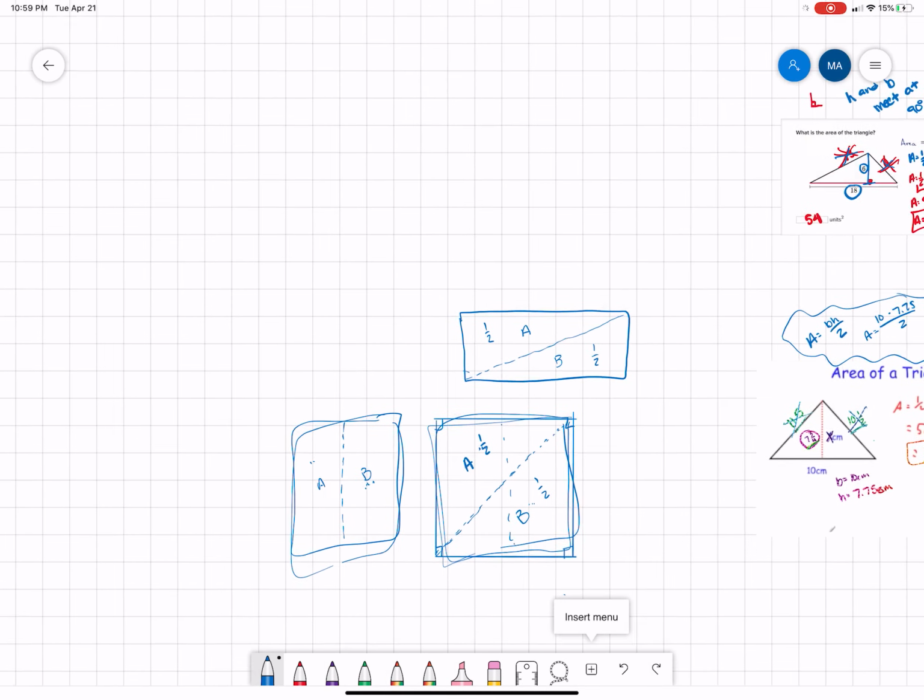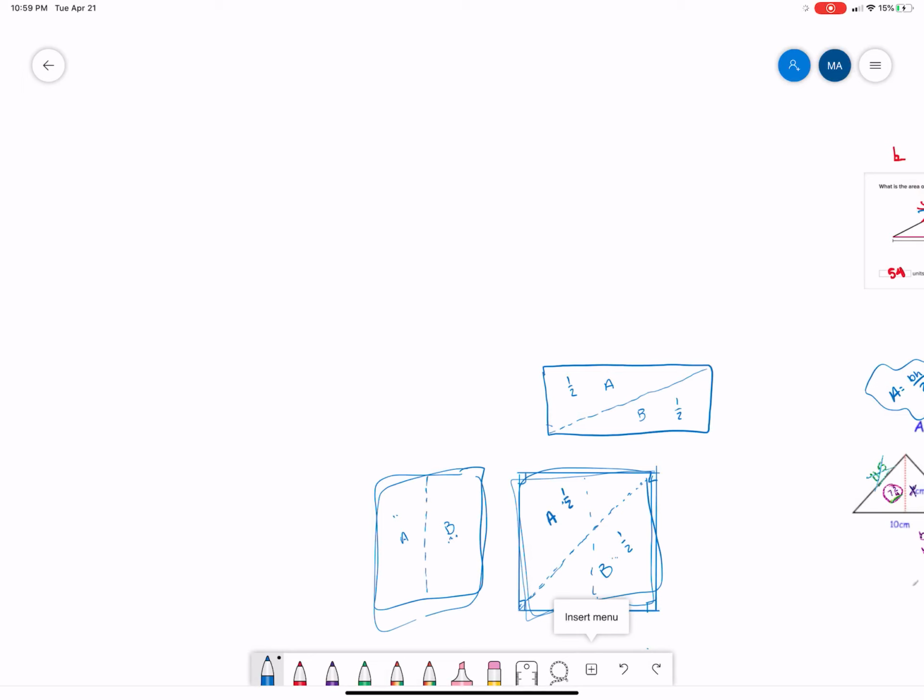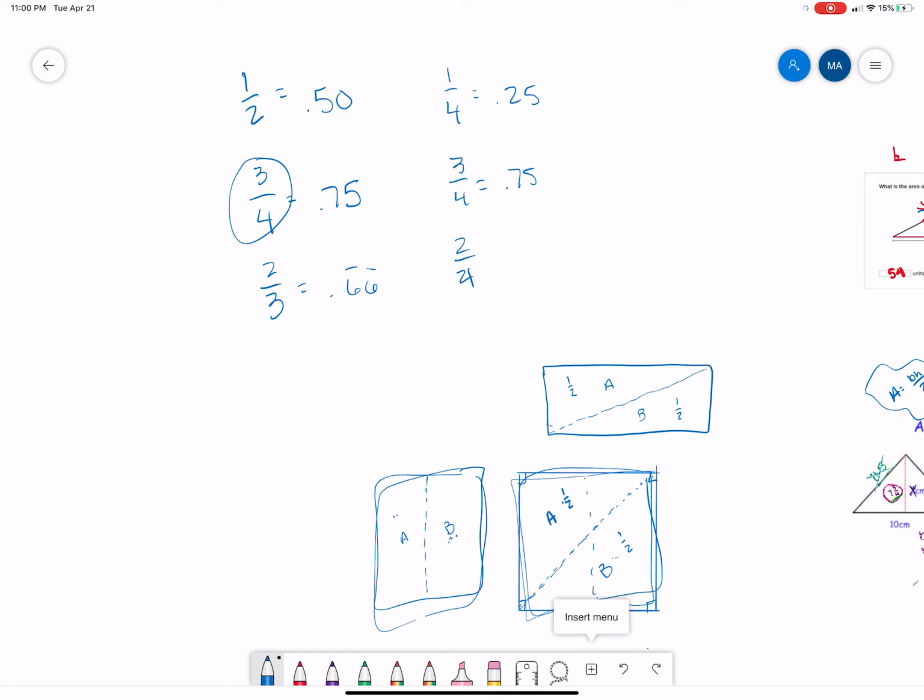Now, I'm going to leave you with this little note. 1/2 equals 0.50 as a decimal. 3/4 equals 0.75 as a decimal. 2/3, which I'm not going to give you, equals 0.66 repeating, right? 1/4 equals 0.25. 3/4 equals 0.75, which I already gave you. 2/4, hopefully you know, is 0.50. 1/5 equals 0.20.